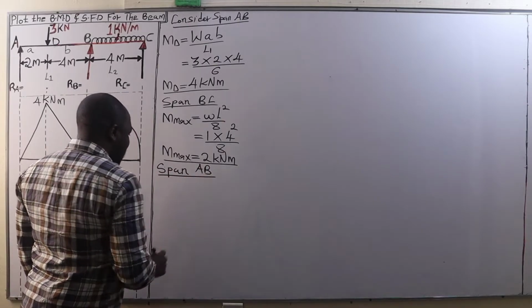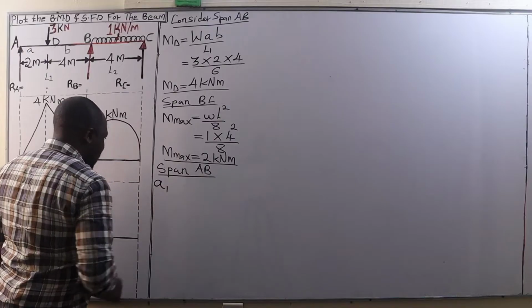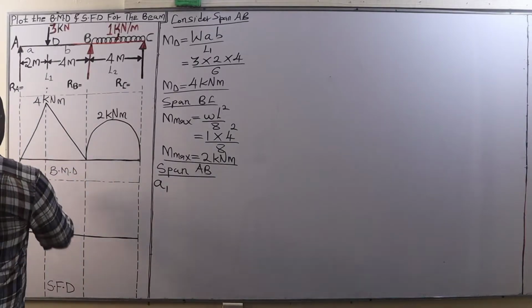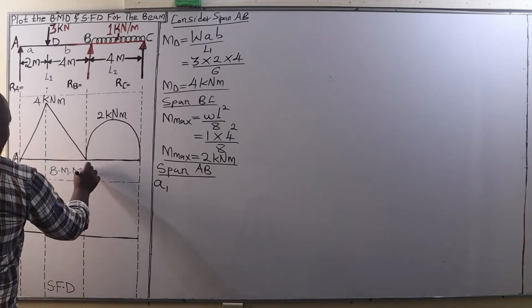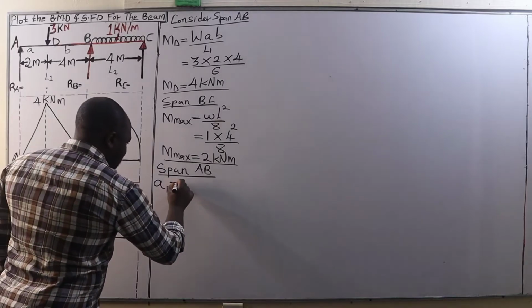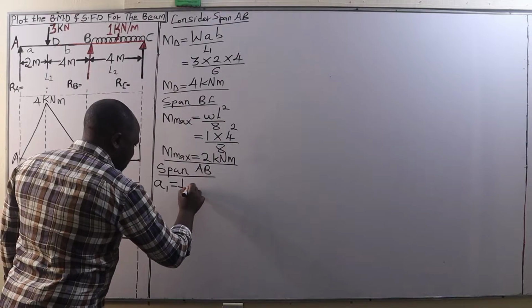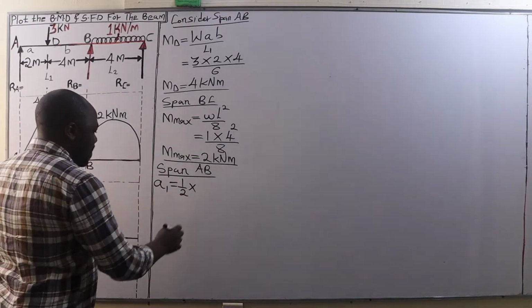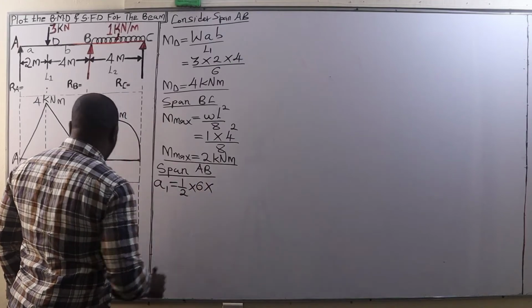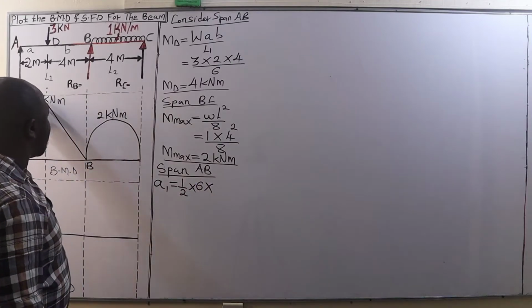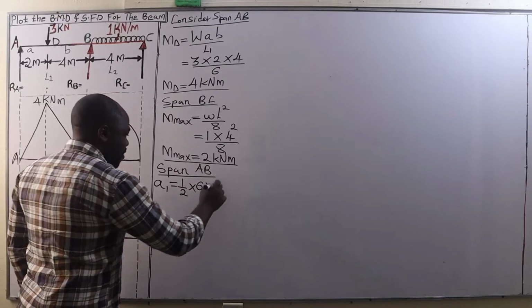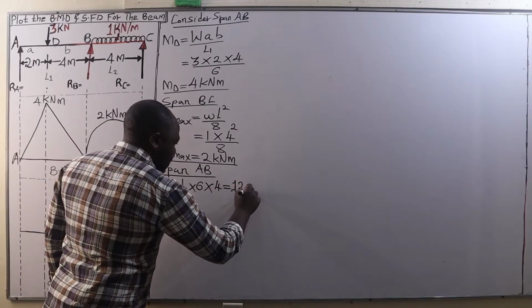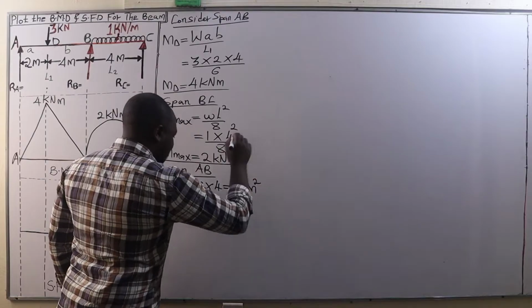A1, the area of the bending moment diagram between span A and B, will be given by a half multiplied by the base, A to B, a span of 6 meters, multiplied by the height of this triangle, which is 4 units. Therefore, times 4, and that gives us 12 square meters.